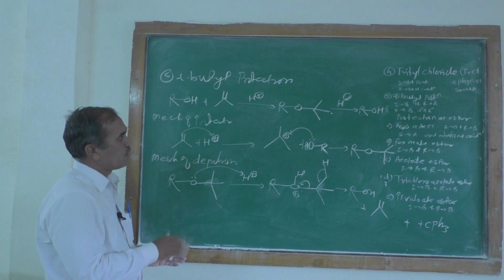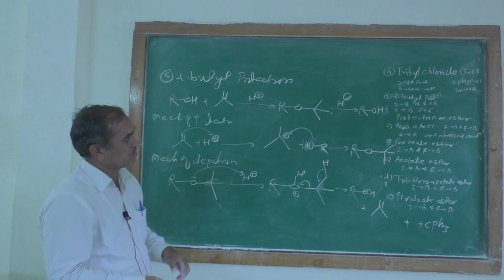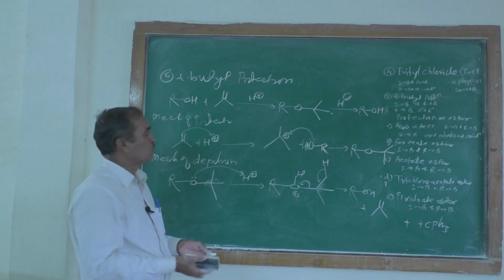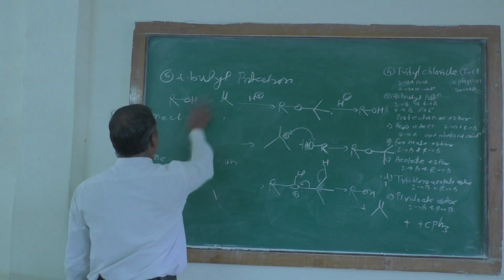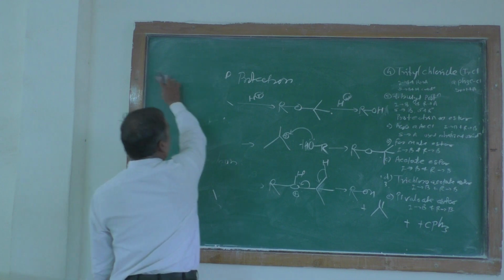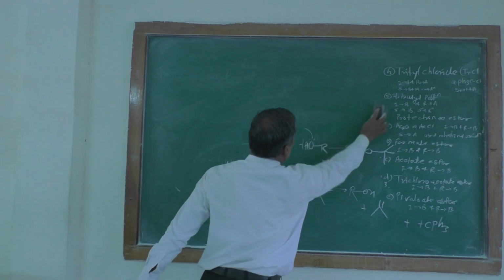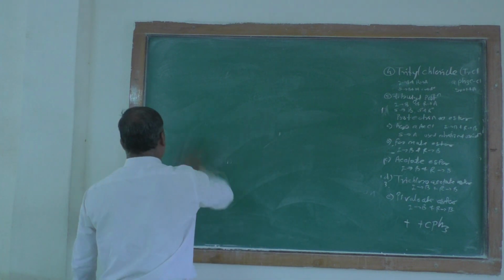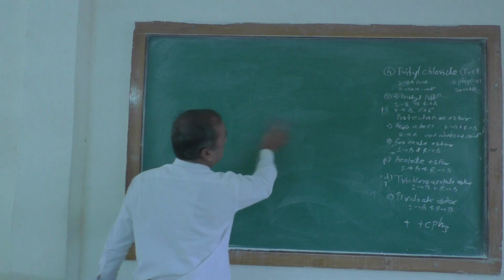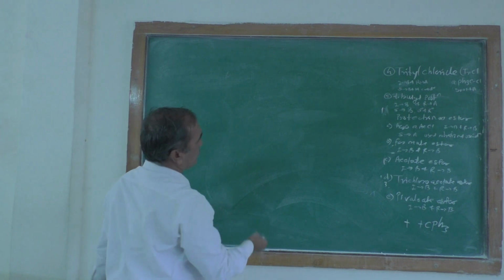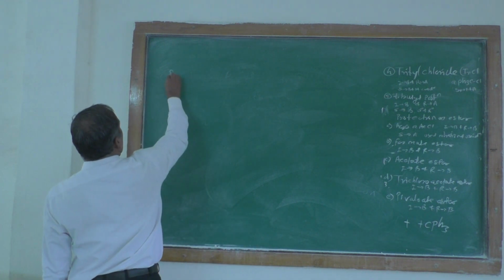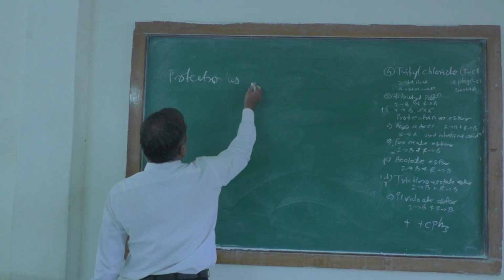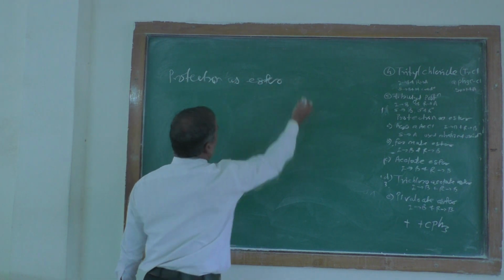Now let us move on to the next point, that is protection as an ester. Means the alcohol will be protected, but as an ester. That is the point we are going to discuss here. Protection as ester.